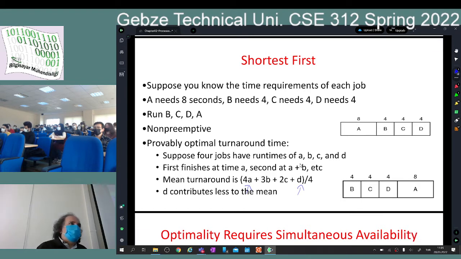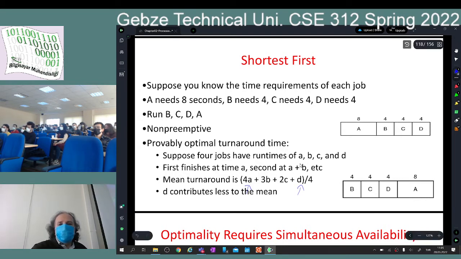So my expected turnaround time for this system is going to be, for D, 20, plus 16 plus 12 plus 8. Every time I am adding it, A will always be added to the running times of D, C, B. That's why you do it this way.